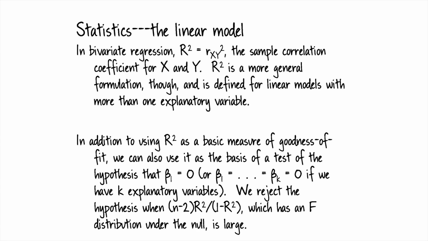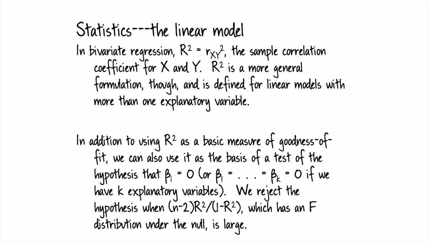And in addition to using R squared as a basic measure of goodness of fit of our regression, we can also use it as the basis of a test of the hypothesis that our slope is equal to 0. Okay? And when we get to multiple regression, it's going to be a test of the hypothesis that the slopes on all of our explanatory variables are equal to 0. Okay? If we have k explanatory variables.